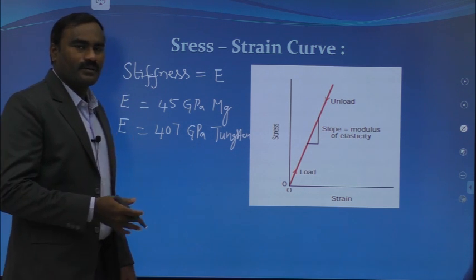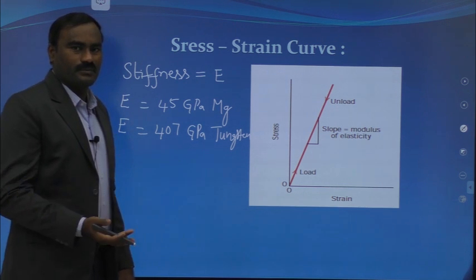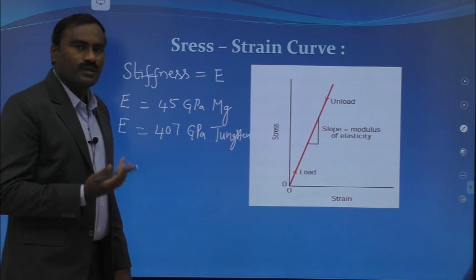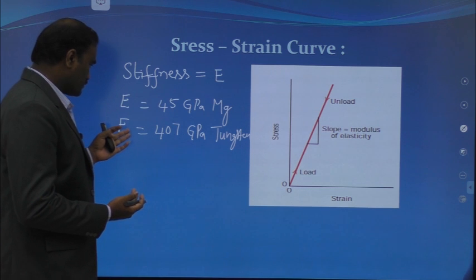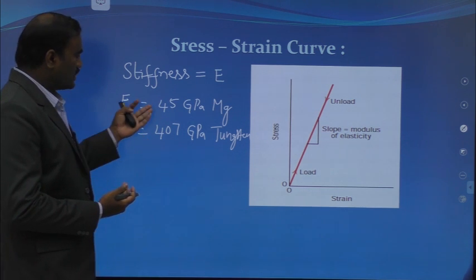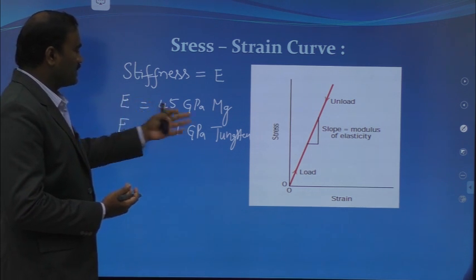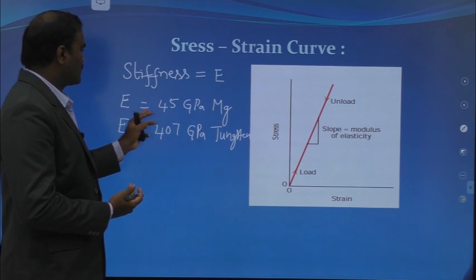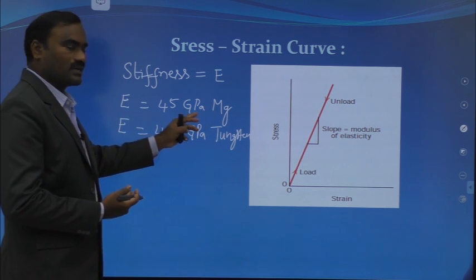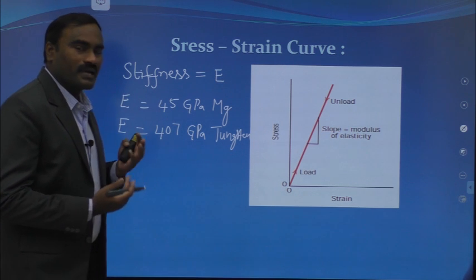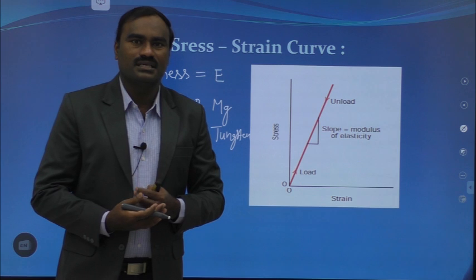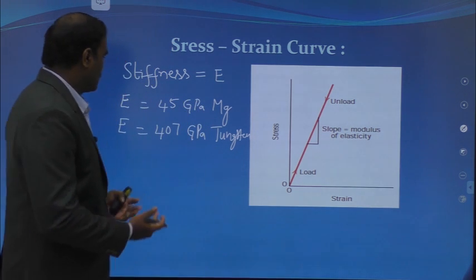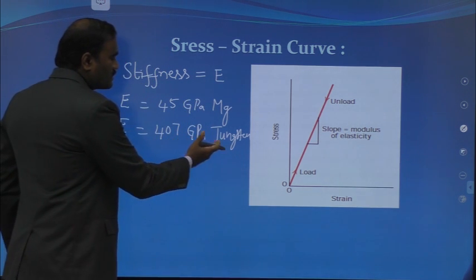Like that, we have various types of metals, and each metal will have a particular value of Young's modulus E. The least value we can obtain for a metal is for magnesium, whose Young's modulus is 45 gigapascal, whereas tungsten has a very high modulus of elasticity. E is equal to 407 gigapascal for tungsten.